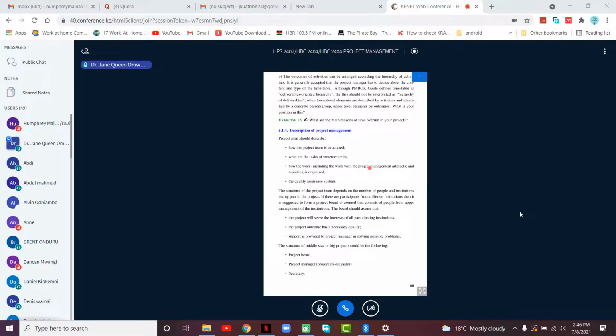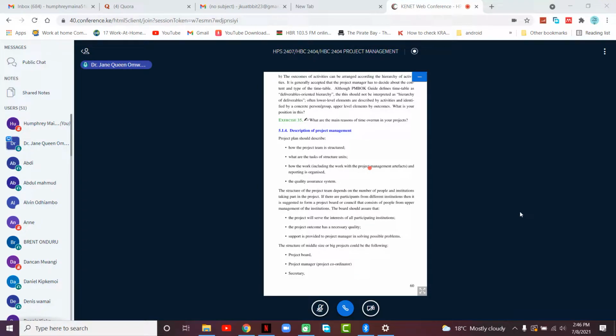And how the work and the reporting is organized. It should also describe the quality assurance system.